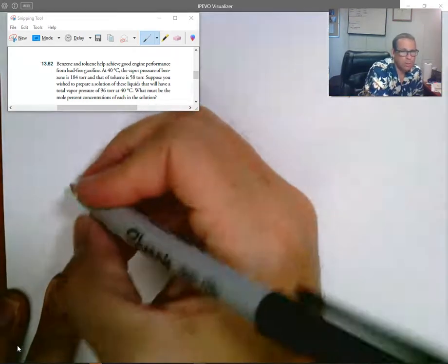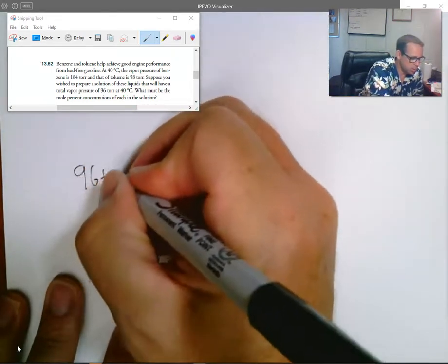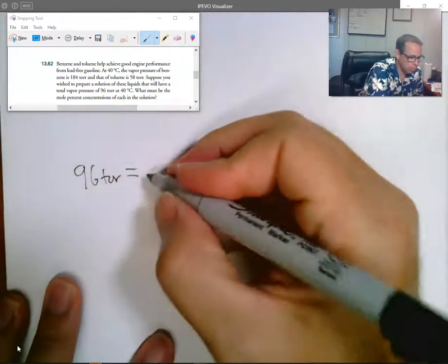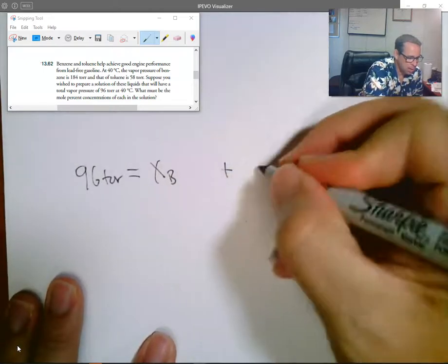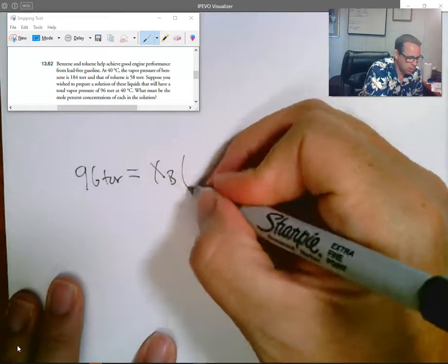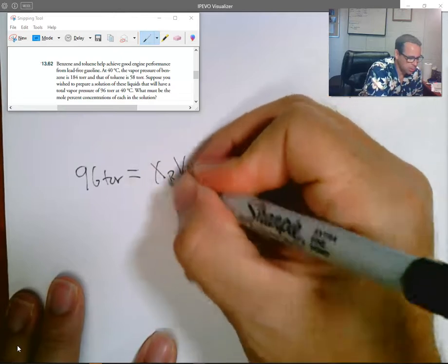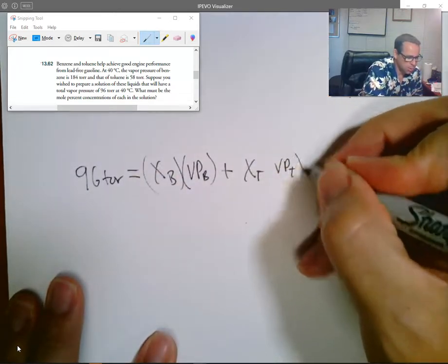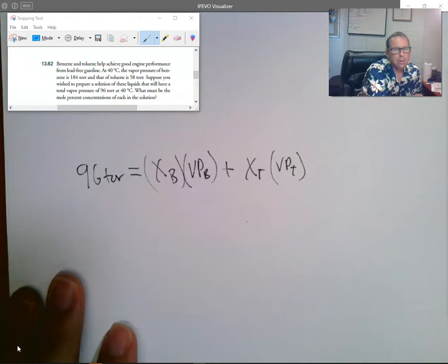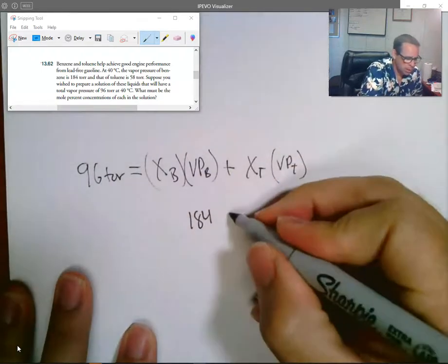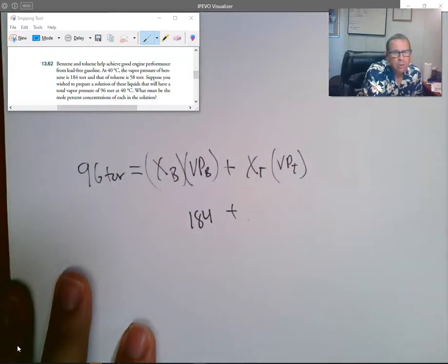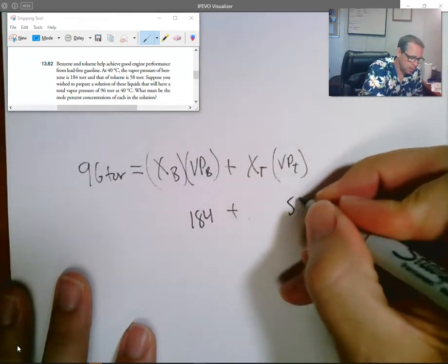All right, so this time we want something that has 96 torr, and we're looking for what our mole fractions are going to be of benzene and of toluene, and we multiply by the vapor pressure of benzene and the vapor pressure of toluene. Okay? So the vapor pressure of benzene is 184 here, right? And the vapor pressure of toluene is 58.